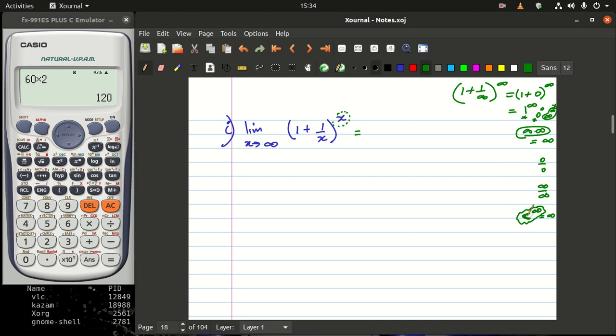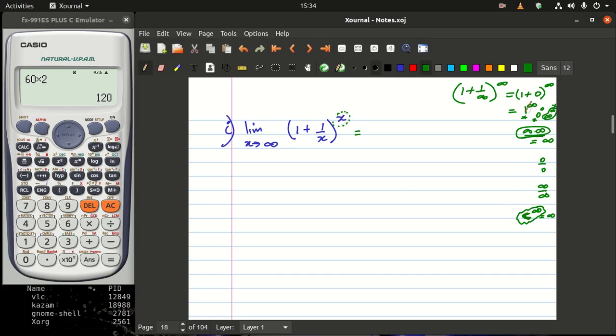We want to either have a constant raised to infinity if possible, or end up having this one here, but this constant we don't want it to be a 1.